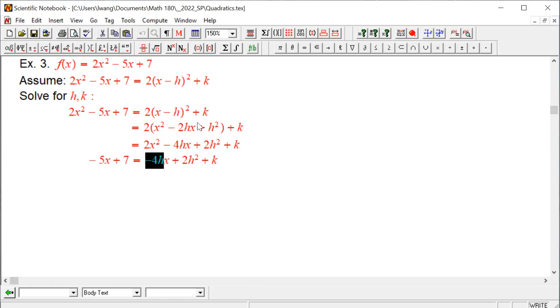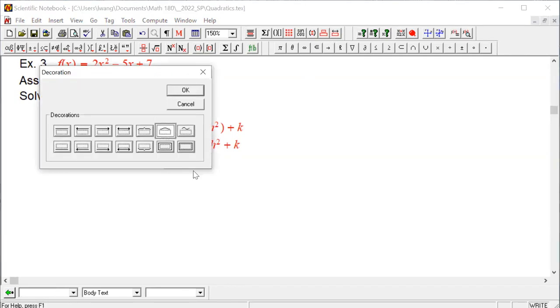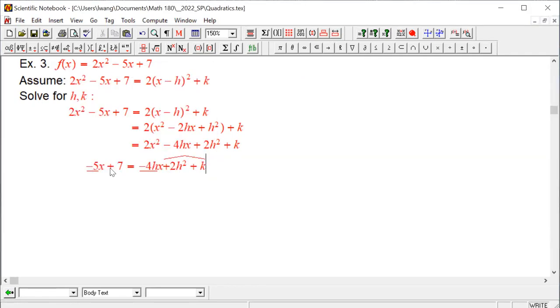So -4h is going to equal -5. And 7 is going to equal this piece, so 2h squared plus k and 7 are going to be the same. Does that make sense?